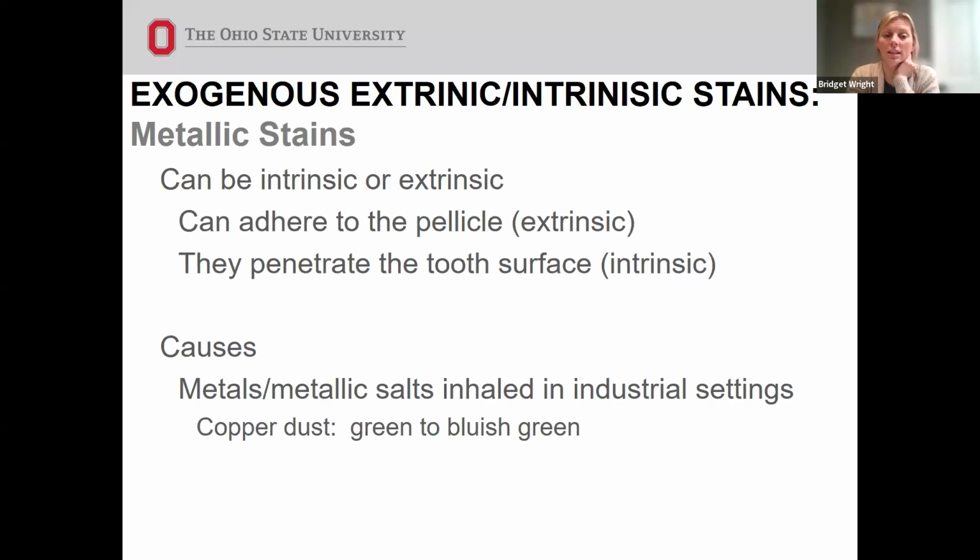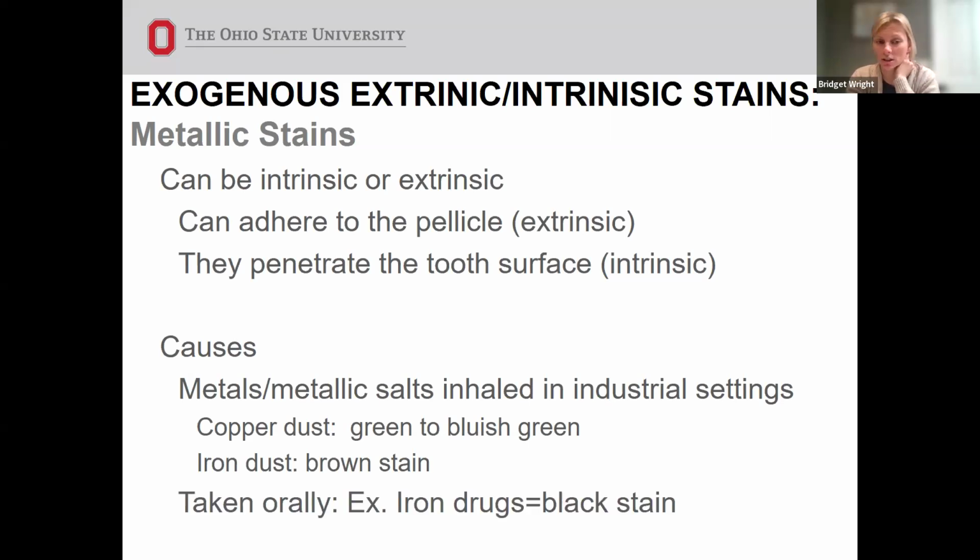The cause is from either metals or metal salts being inhaled, and this is oftentimes from patients who work in an industrial type job. It can be an array of colors, greenish to bluish or brownish, if it was iron dust or iron medications. And iron medication taken orally would be more of a blackish kind of stain.